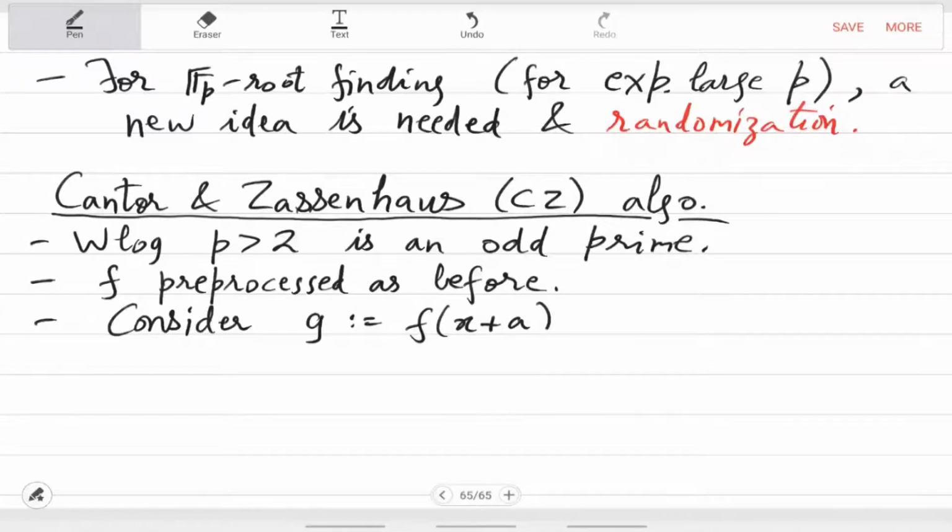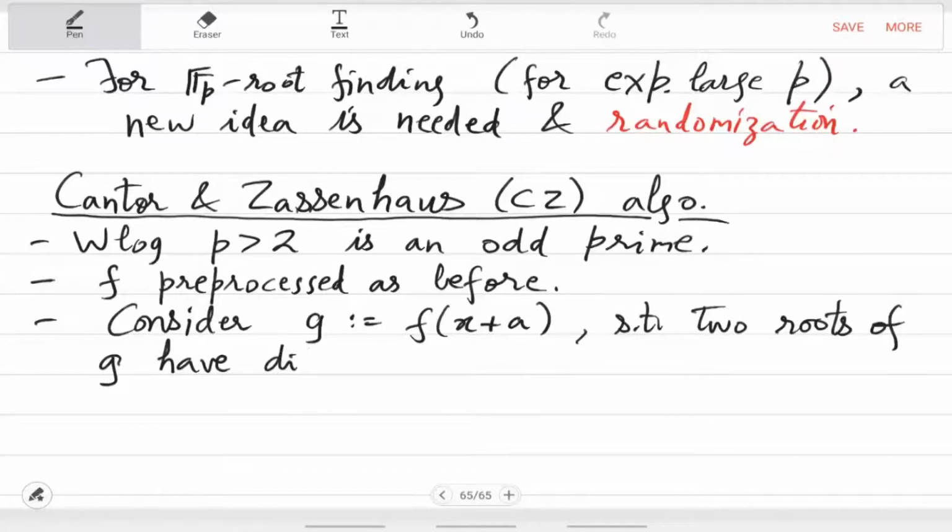So alpha 1, alpha 2 have been perturbed by a. When you perturb these two different elements, maybe their properties become different and you can distinguish them, such that the roots of G have different properties.